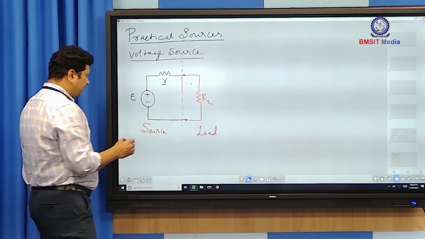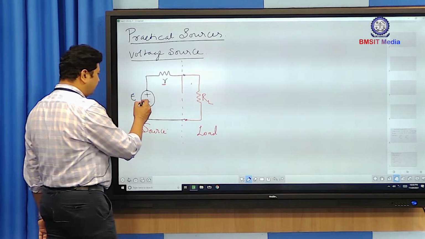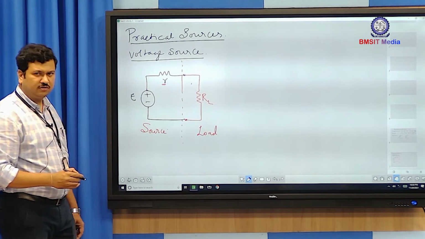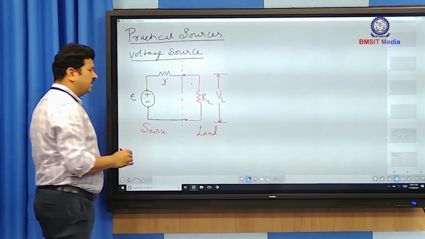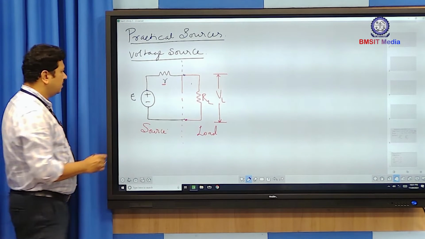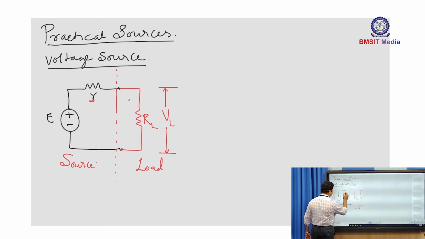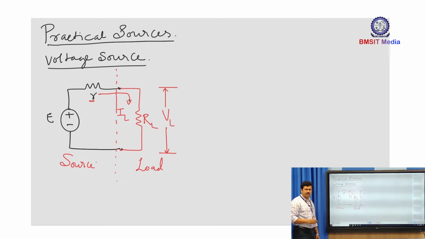Now, if I consider the voltage of the voltage source and the voltage across the load, let the voltage across the load be VL. When RL is connected to the source, a current flows; let me take this as the load current IL.